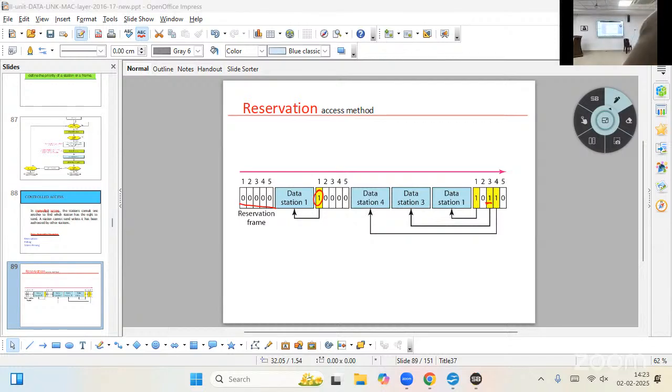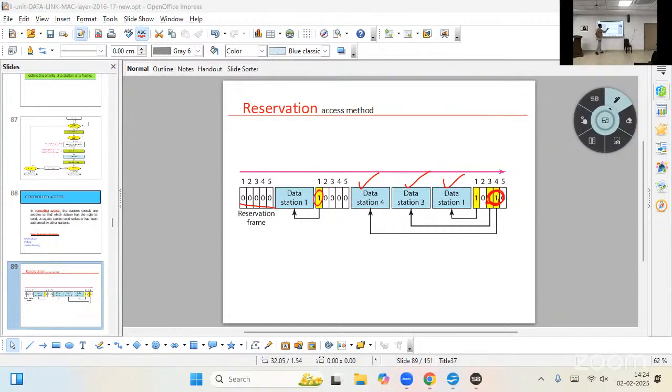After that, which one will be given reservation? Fourth frame. So the fourth frame will be transmitted. Sorry, the third frame is successfully transmitted. First is over. Next one is the fourth frame, so the fourth frame will be transmitted. How?